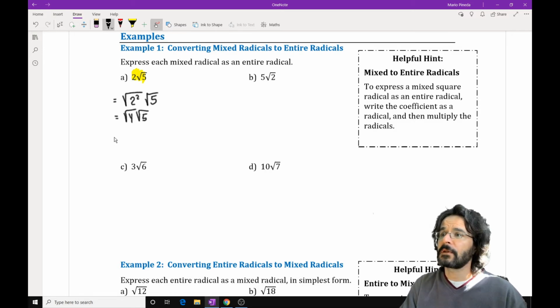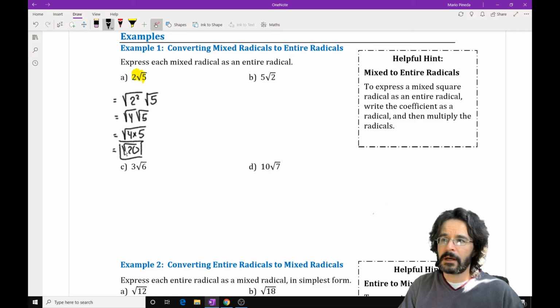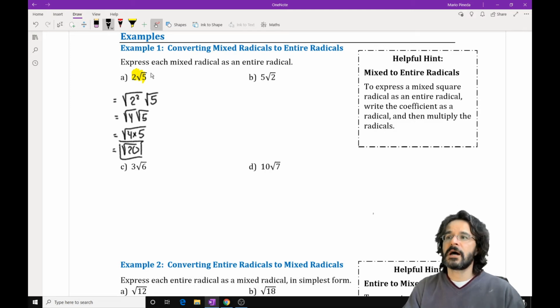So this can be written as square root of 4 times 5, which is the same thing as square root of 20. And that's our answer. This is the corresponding entire radical that corresponds to this mixed radical.